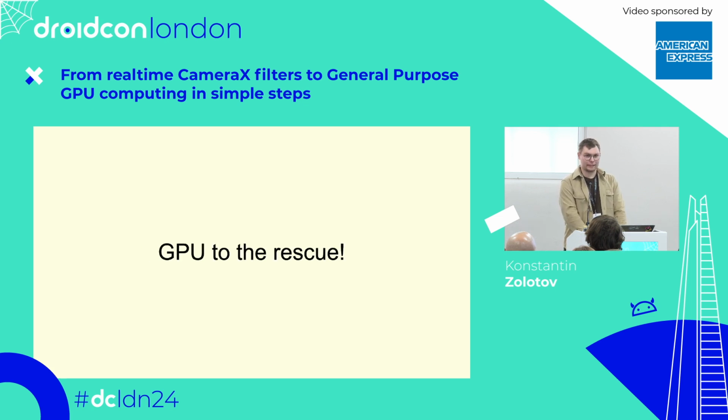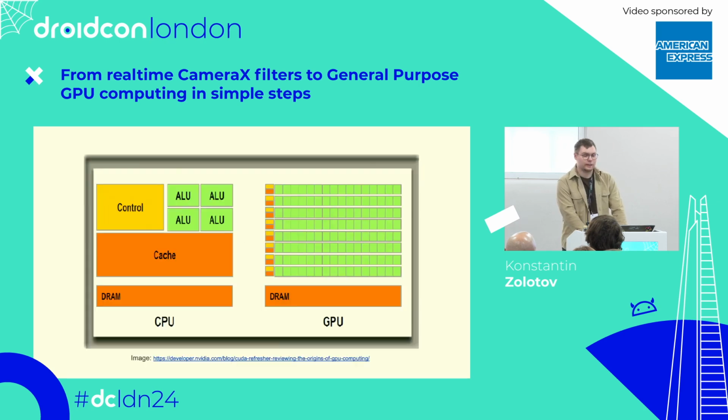And actually there is a thing that is very well designed to do such things, which is called the GPU. So, why the GPU? Basically, the difference between GPU and CPU is this. A GPU core compared to a CPU one is very, very simple. It doesn't have branch prediction.